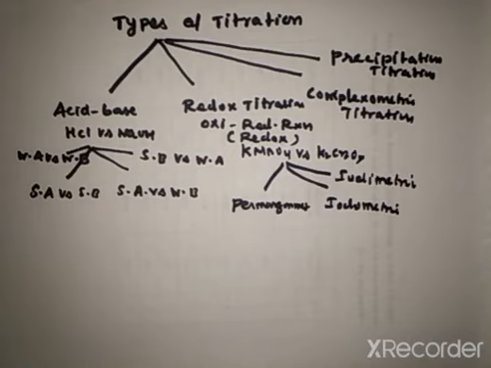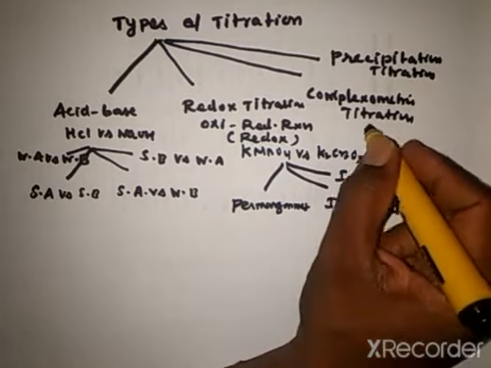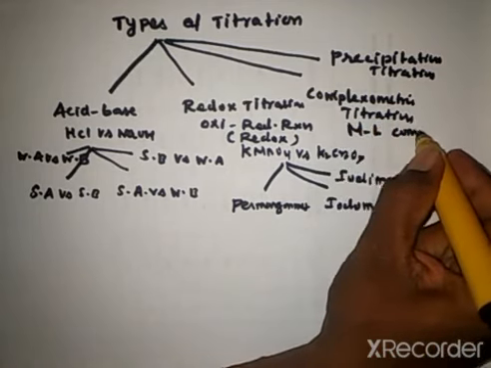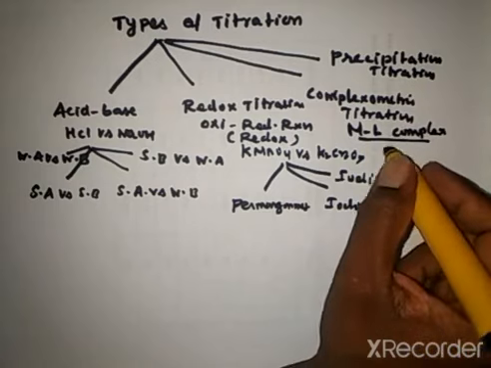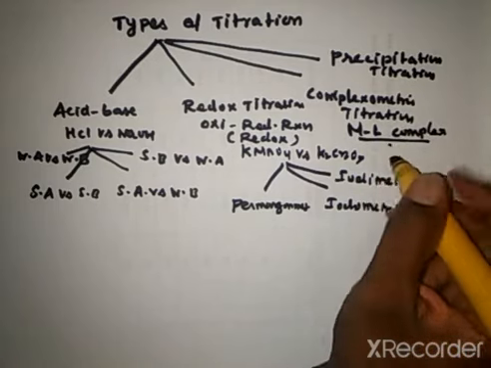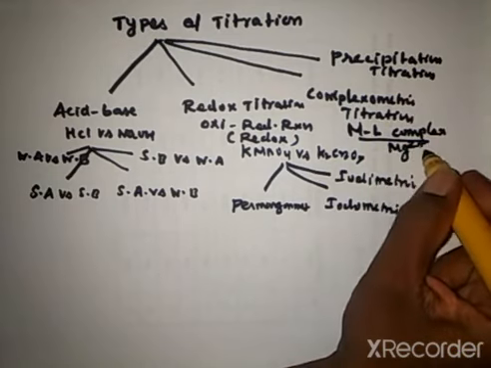Next we shall move into the complexometric titrations. What is complexometric titration? Complexometric titration involves metal ligand complexation reaction. For example, magnesium is estimated by using EDTA.